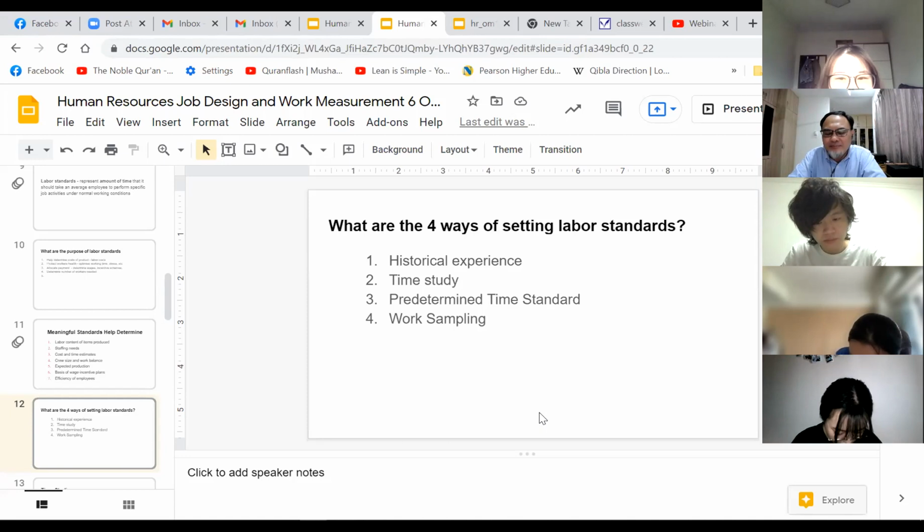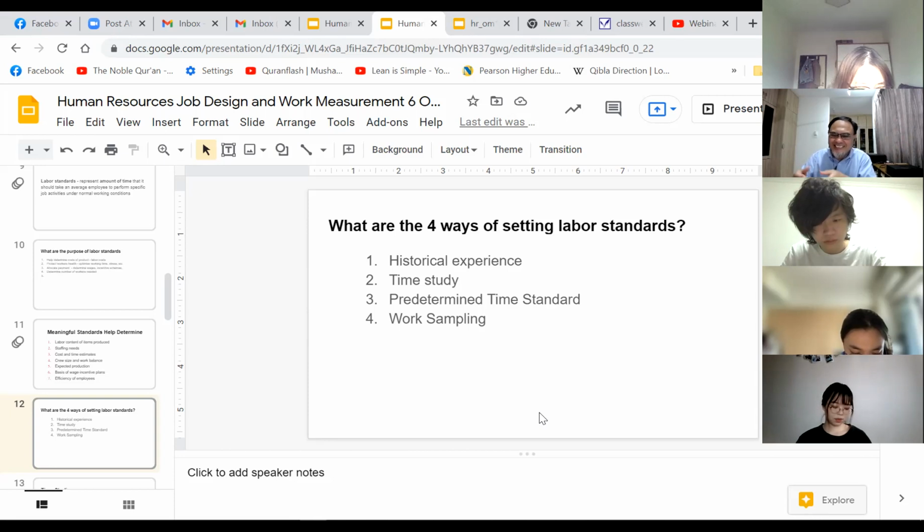So it's not scientific. Basically, when you talk about historical experience, it is non-scientific, non-engineering. It is just based on your own gut feelings. So I have been doing this work, and it takes me 1 hour to clear the garden. That's my experience, so it's historical.